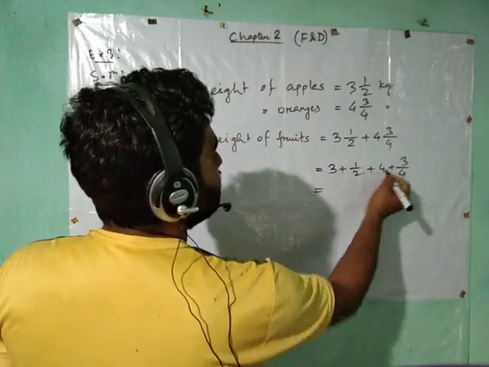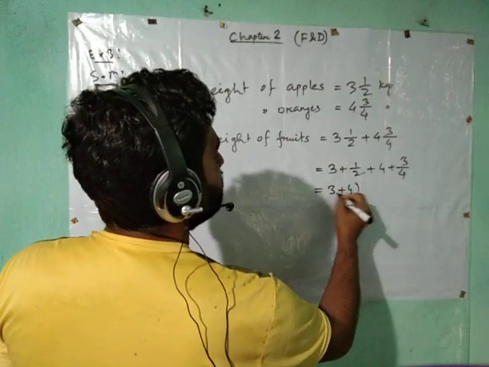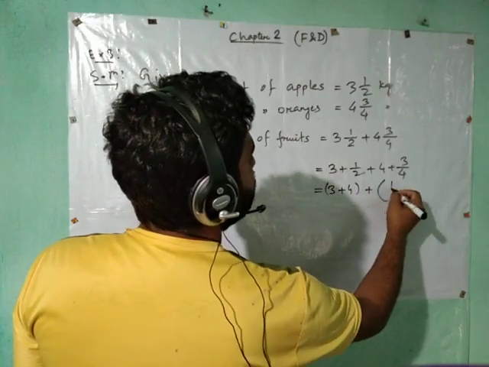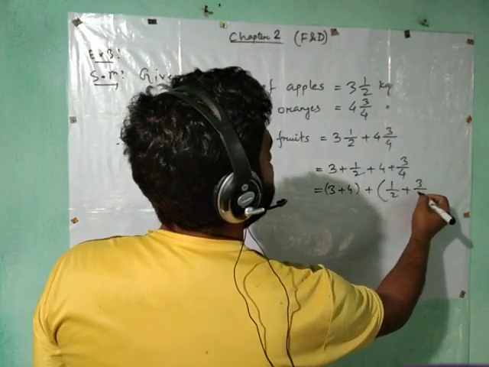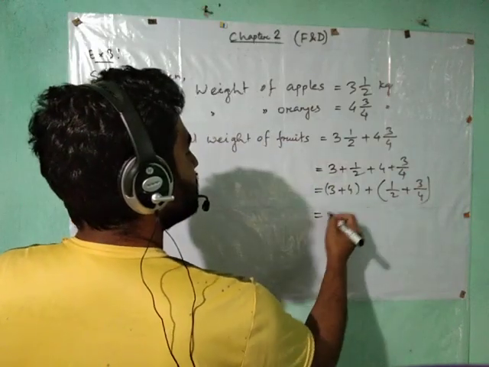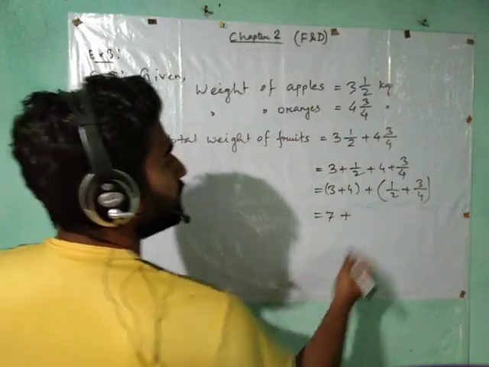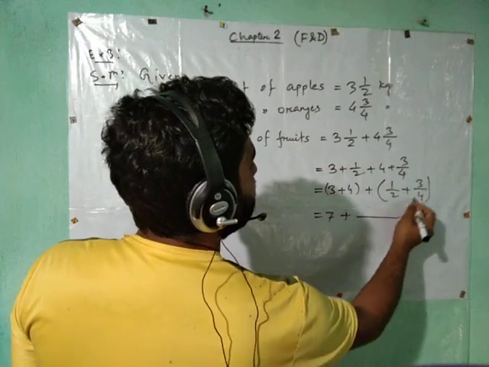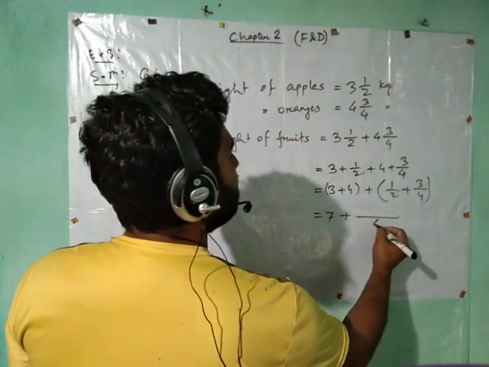Now you just combine these whole numbers, 3 plus 4, 1/2 plus 3/4. This is total 7 plus, this is how much? 2 and 4, LCM 4.